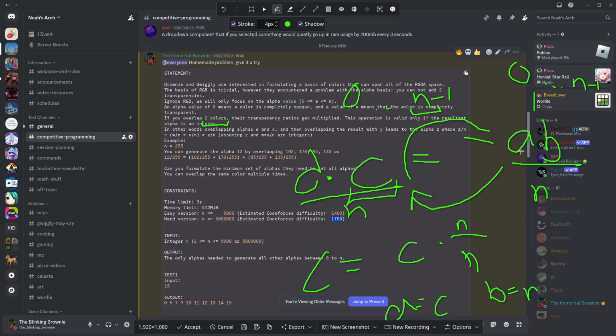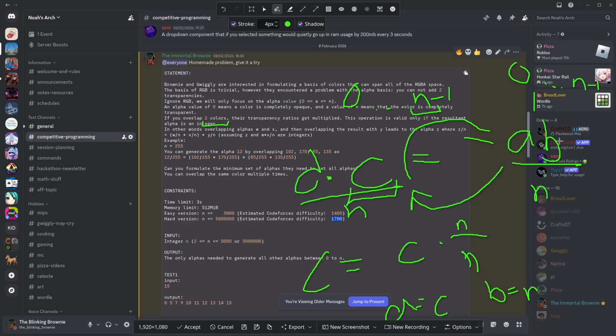So now A is used to generate C, and C is used to generate A, but that means neither of them is marked constructible, but in this cycle we need at least one of them to be marked constructible. I mean, marked needed. Both of them are marked constructible, but we need one of them to not be marked constructible, right?